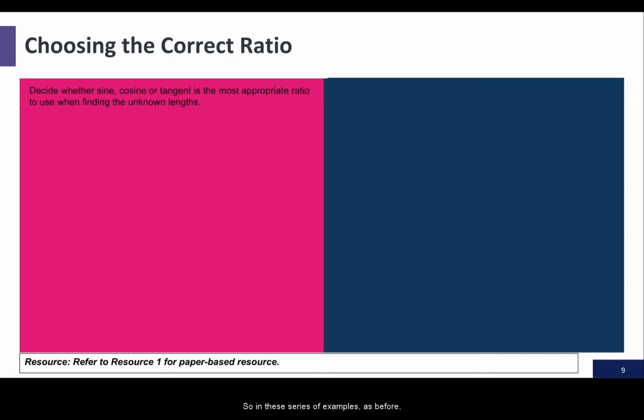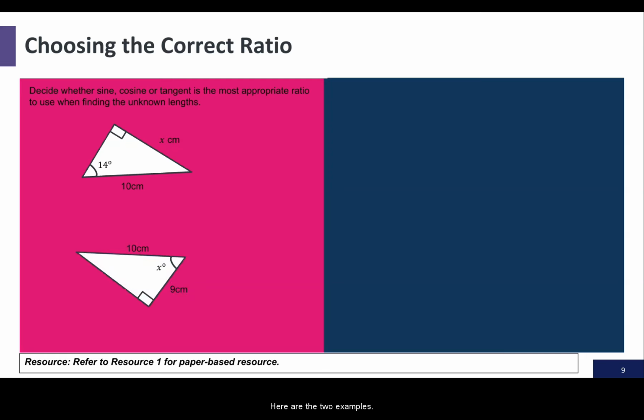So in these series of examples, as before, I'll be doing the question on the left and you will do the question on the right. Here are the two examples. First thing is I'm going to label the sides.